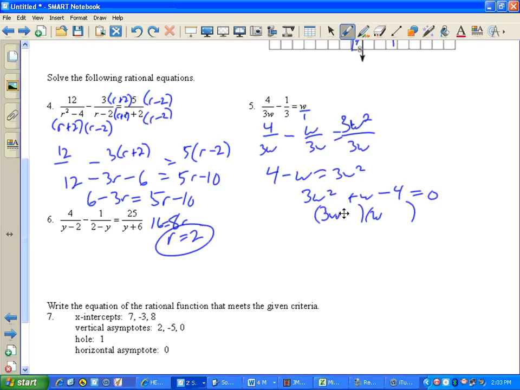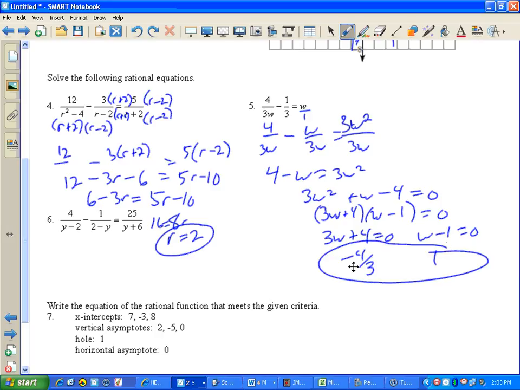They need to be 1 apart. Okay, so now I get 4w minus 3w, which leaves me with positive w. This equals 0, which means either this one equals 0 or this factor equals 0. So here I'll get negative 4/3. Here I'll get 1. And those are my two answers.